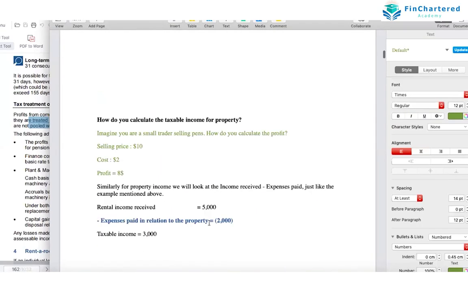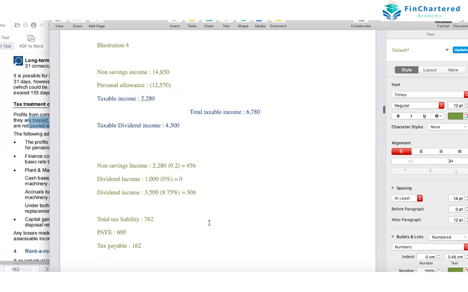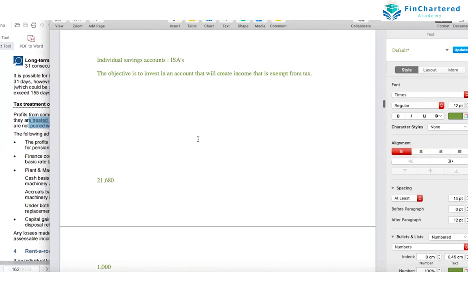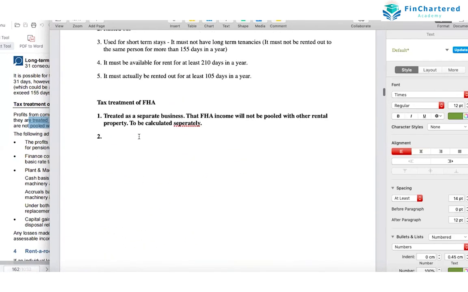But in this case, there is a little bit of relaxation. Here, the finance costs are fully deductible, unlike regular property, where you just get a relief of 20%.